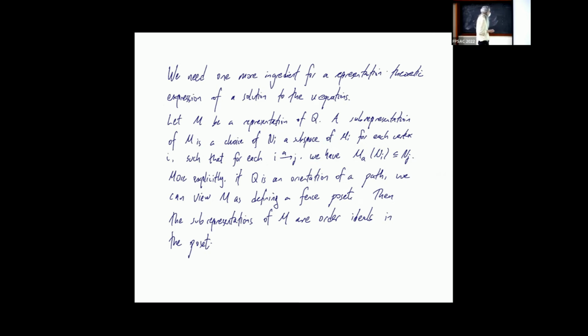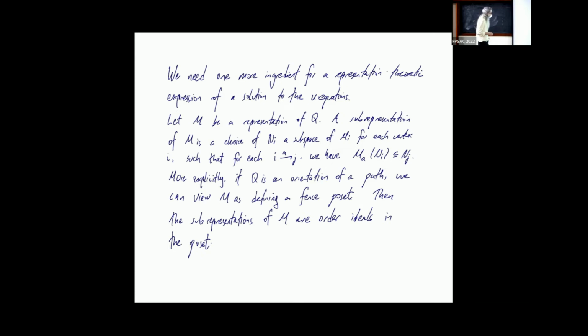If M is a representation, to begin with, what I need is a notion of a sub-representation. This amounts to choosing, for each vector space that makes up my representation, a subspace, but I'm not going to do it in an arbitrary way. I'm going to do it in such a way that for each arrow in the quiver, the map corresponding to the arrow should take the subspace here to the subspace there.